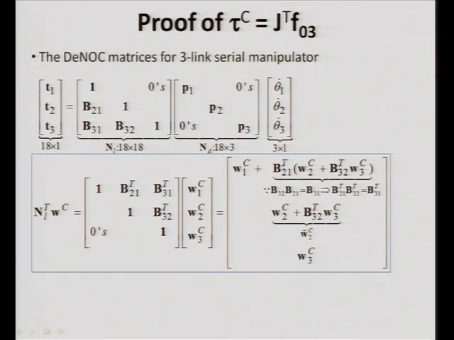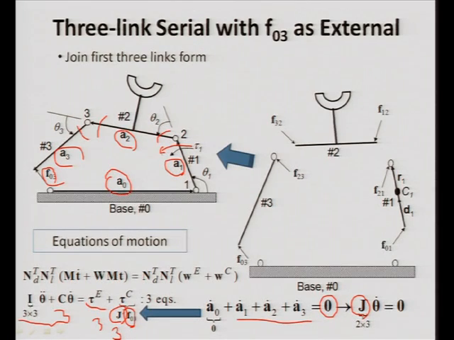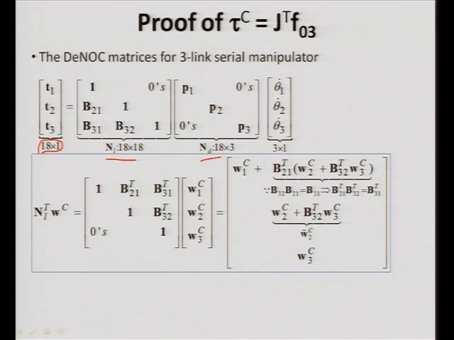So, for 3 links, the twist of the first body, twist of the second body and twist of the third body I write here as an 18 by 1 vector, and it consists of NL, ND, NL, ND and theta dot. Theta dot consists of the joint rates of the first joint, second joint and the third joint.